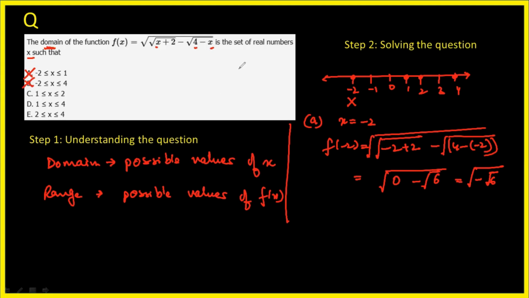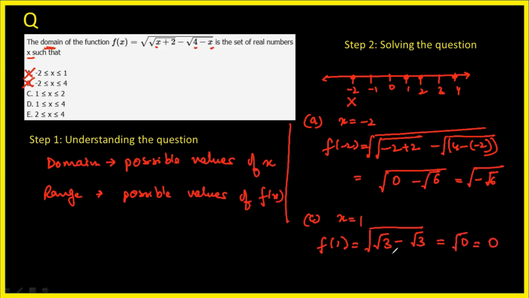Let's substitute option C, x as 1. So 1 plus 2, that is 3, square root, minus the square root of 4 minus 1, that is square root 3, under the root. Now square root 3 minus square root 3 is 0, and the square root of 0 is 0.